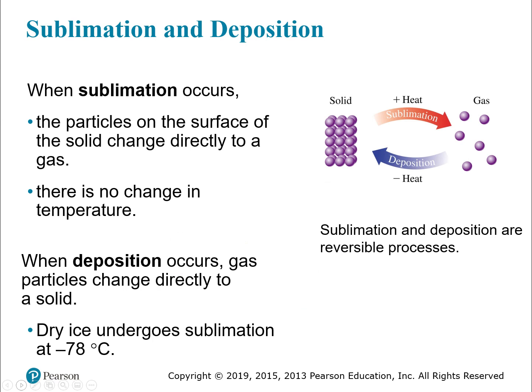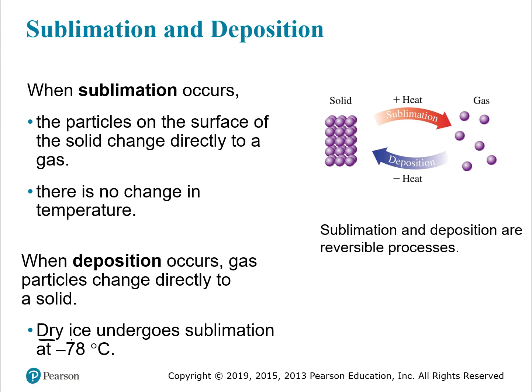Sublimation, this is one that you may not know. When the particles on the surface of a solid change directly to a gas, that's sublimation. There's no temperature change involved. It just goes from a solid to a gas. The opposite of that is deposition. Gas particles, bam, change into a solid.